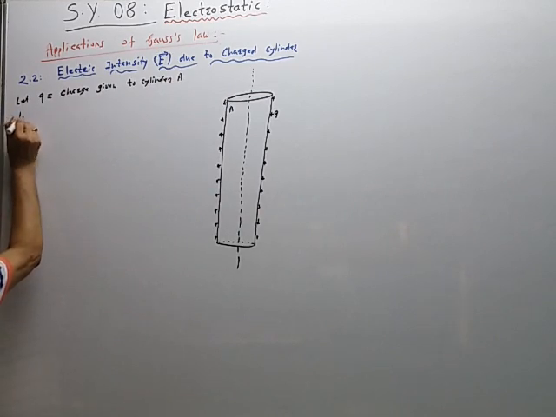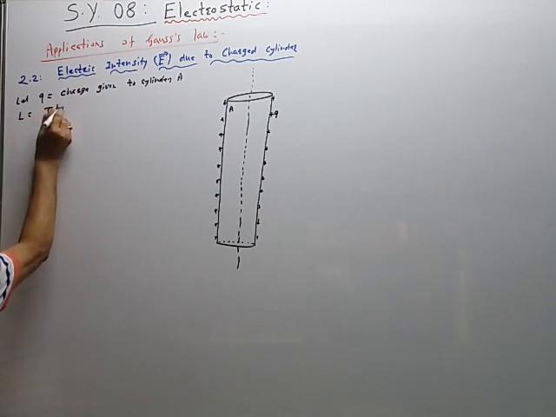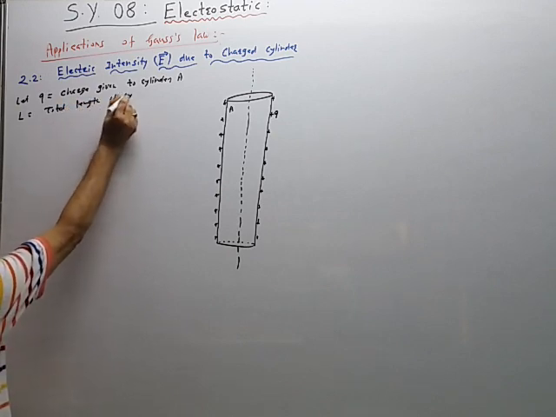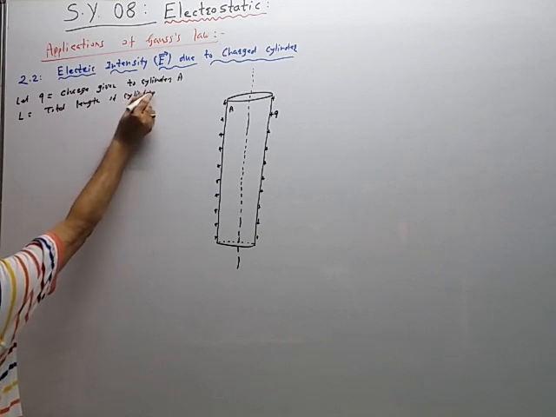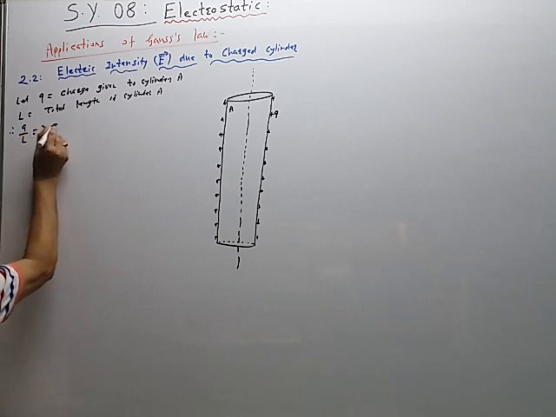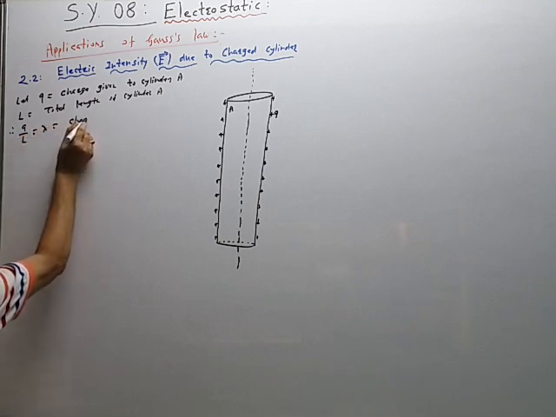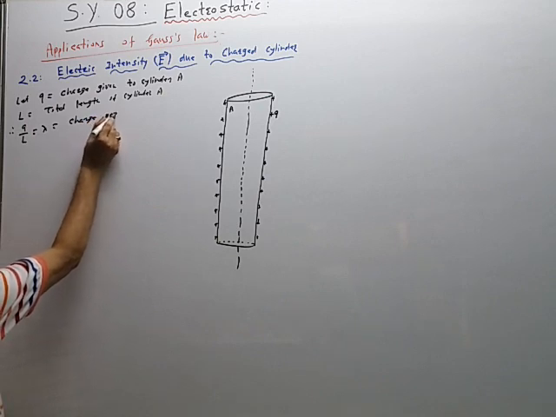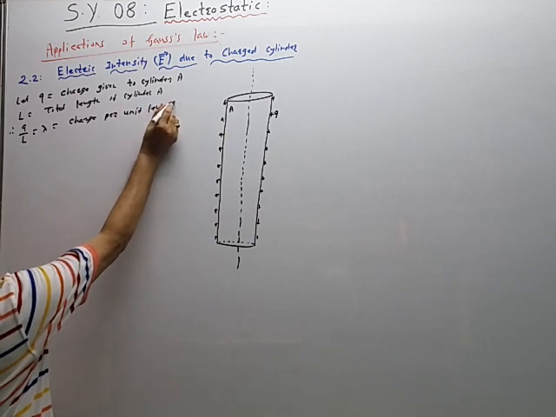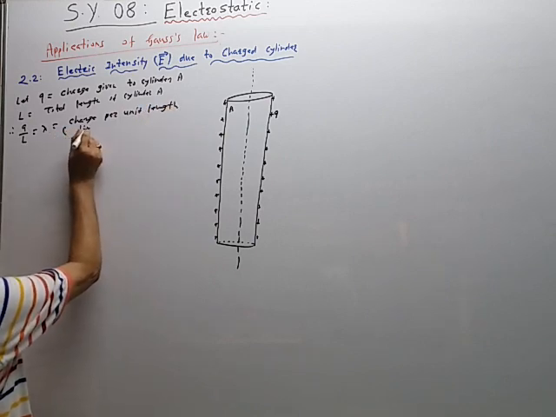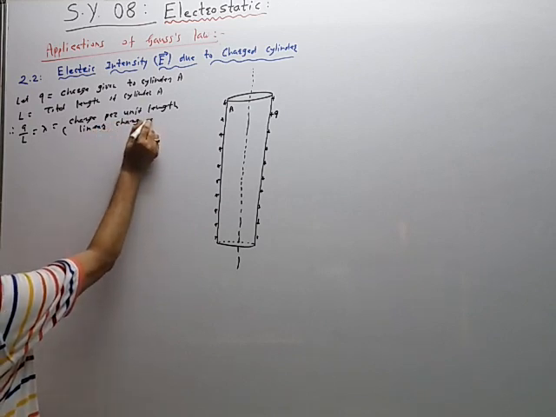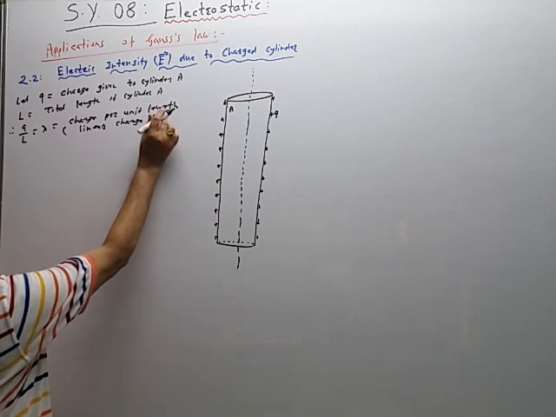L is equal to total length of cylinder A. Therefore, Q by L is called lambda, which is equal to charge per unit length. It is also called the linear charge density. Charge per length, that is linear charge density. Its unit is coulomb per meter.